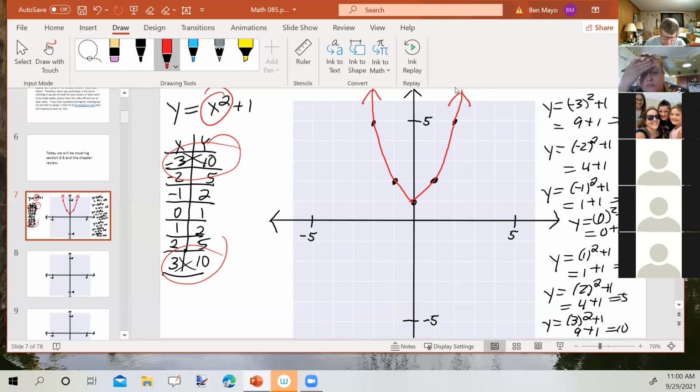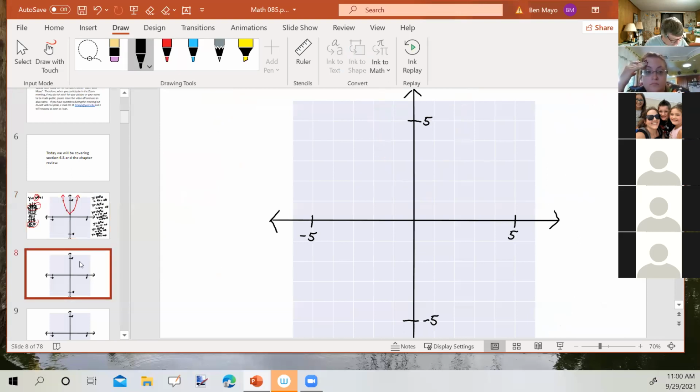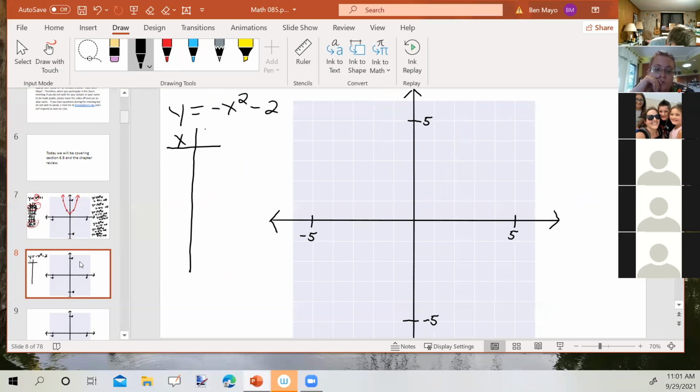All right, let's take a look at another example. Let's graph y equals negative x squared minus 2. And once again, I'm going to make a table and go from -3 on the x's to +3.